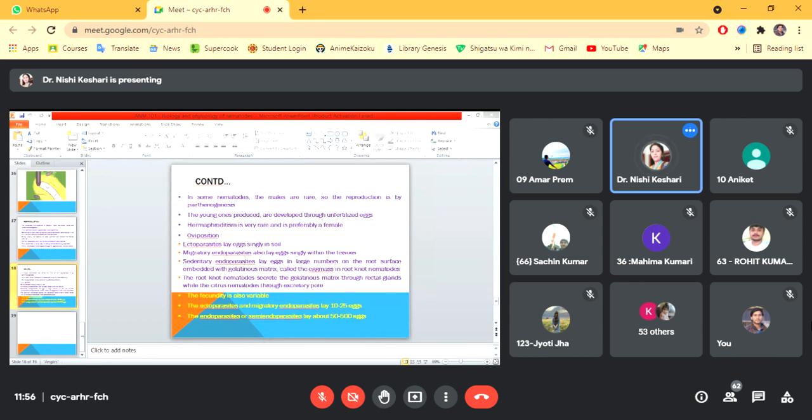Like in ectoparasites, because they are always moving to find a new location to feed. And the endoparasites, if they are migratory, always have to move from one cell to another cell to find feed.